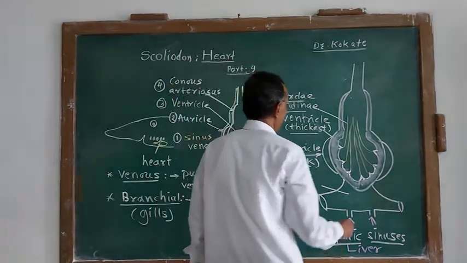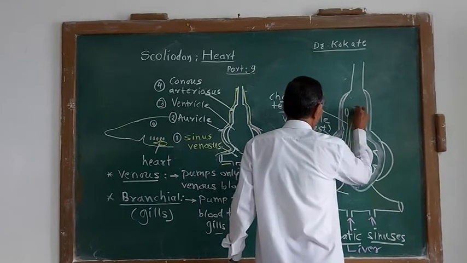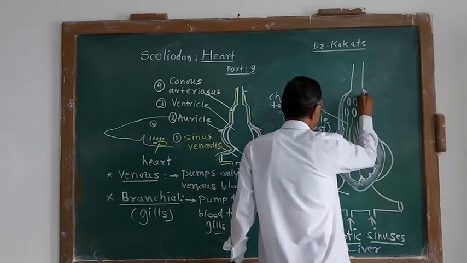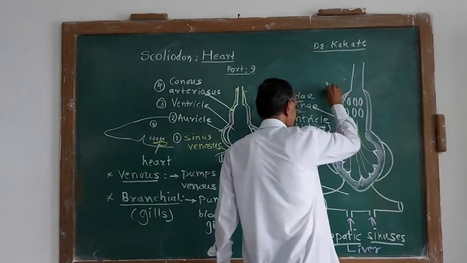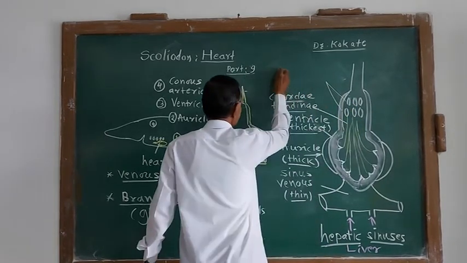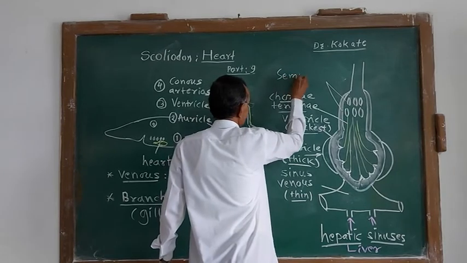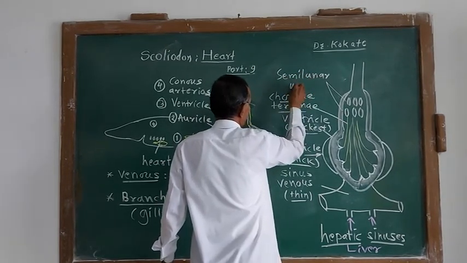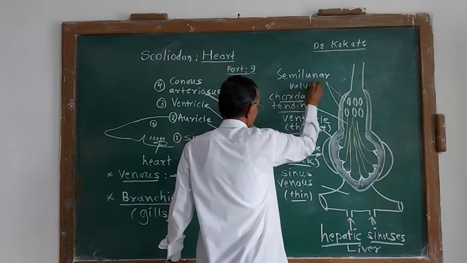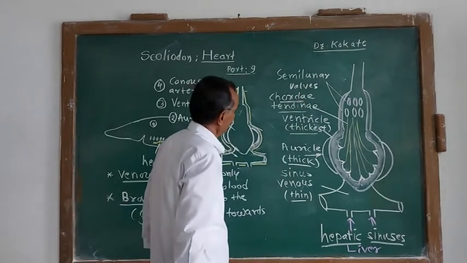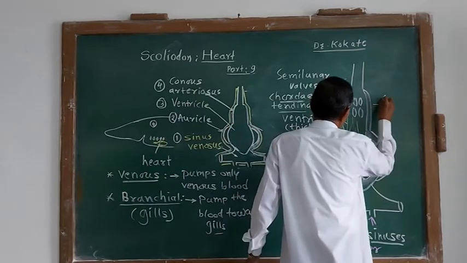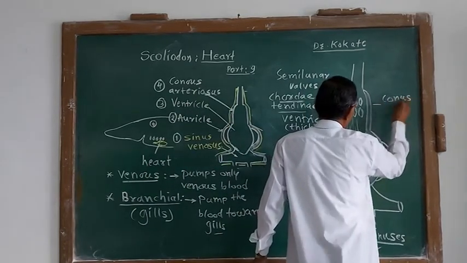Where are they provided? They are provided to the two rows of semilunar valves, which are located in the conus arteriosus.